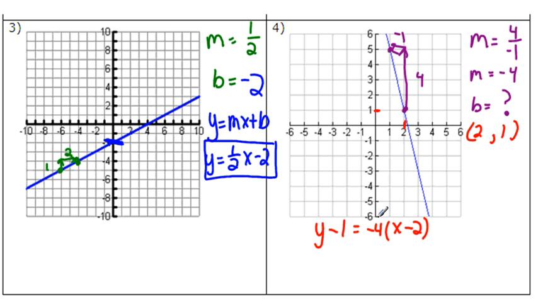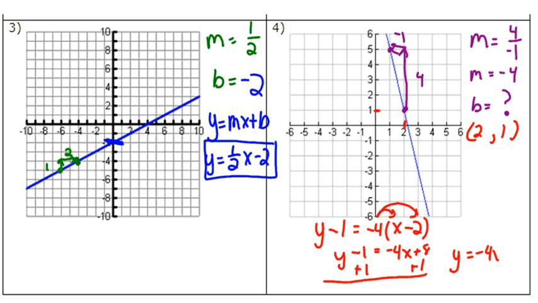So now I solve for y. I distribute the negative 4. So y minus 1 equals negative 4x plus 8. And then I add 1 to both sides. So I get y equals negative 4x plus 9. And there's my answer in slope-intercept form.